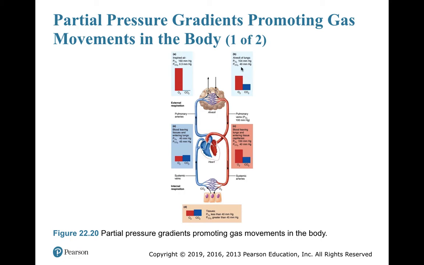And pushing oxygen in. Actually, I'm going to let you follow this chart on your own. Over here, the lungs, 104 millimeters, 40 millimeters. And we'll get into these details in a second.